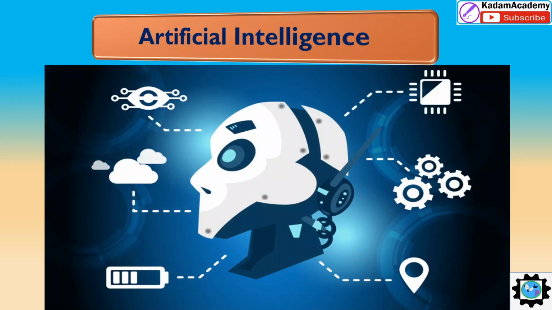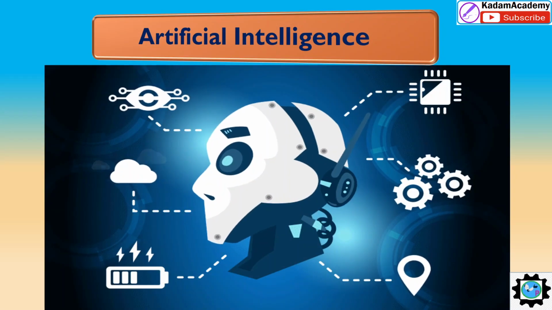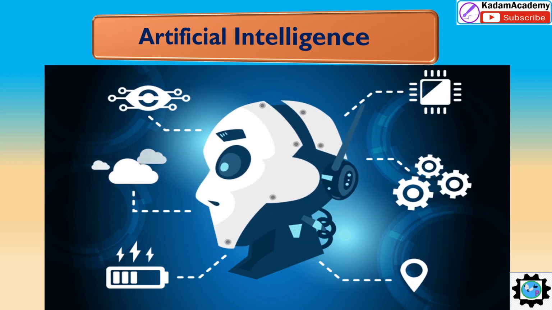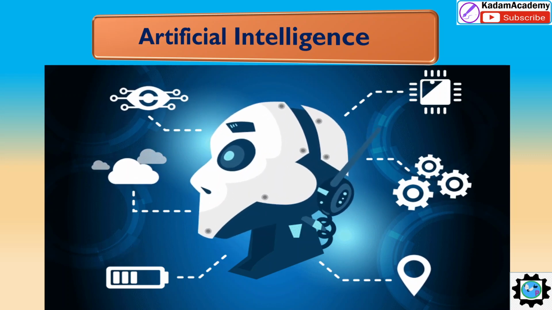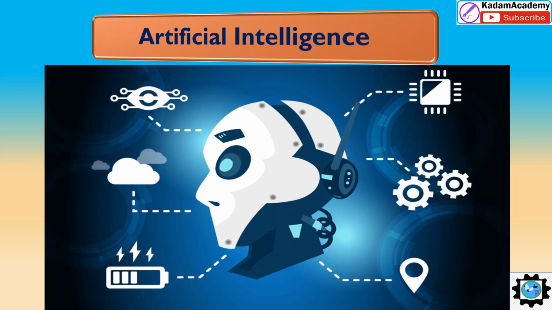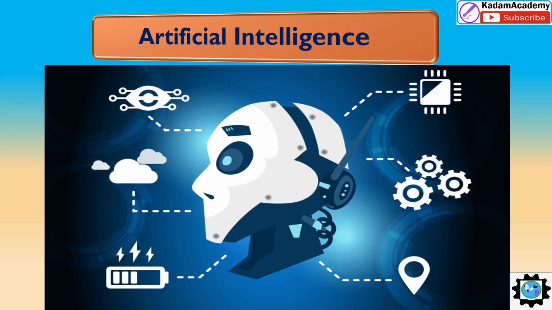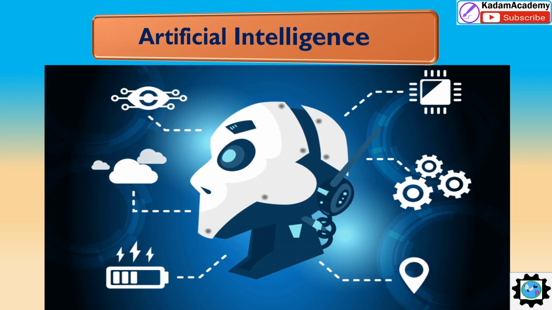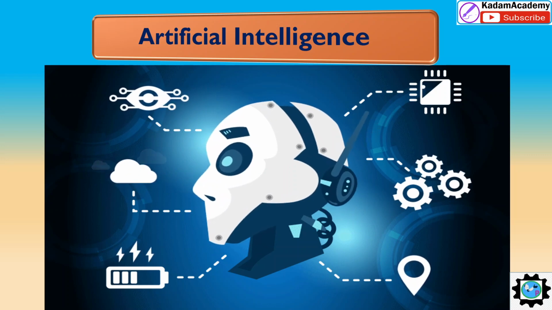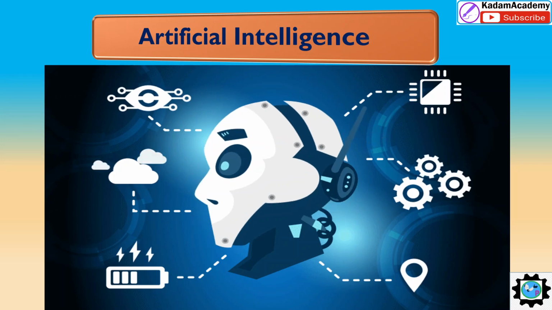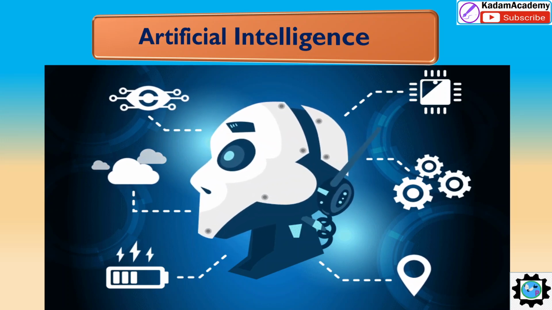It consists of two words, artificial and intelligence, which means human-made thinking power. Artificial intelligence is a technology through which we can create intelligent systems that can simulate human intelligence.